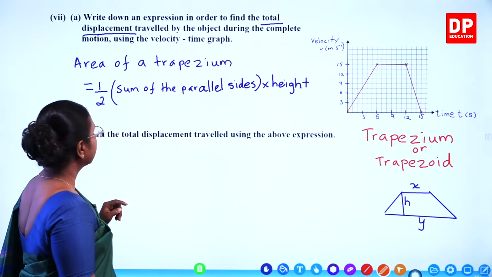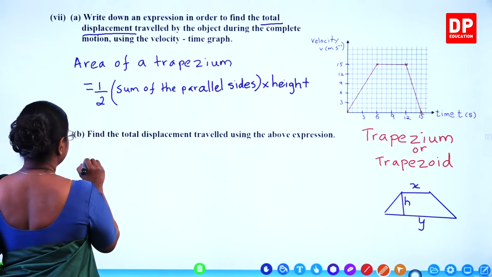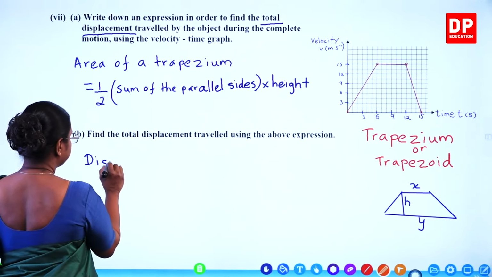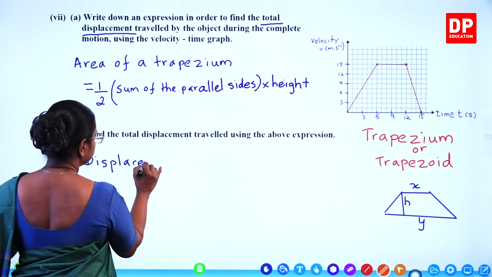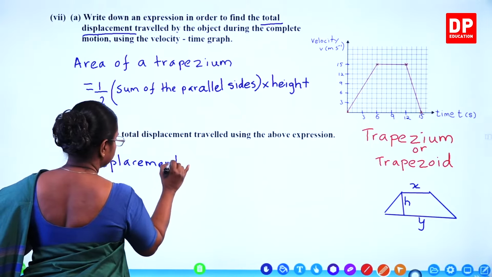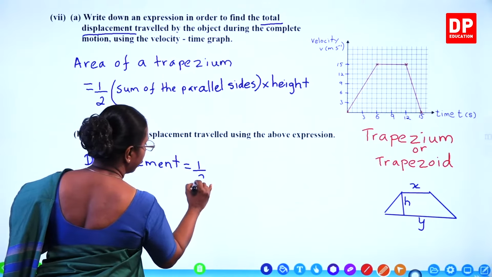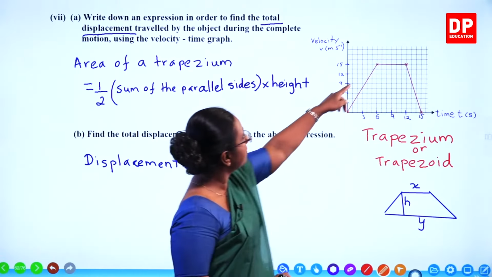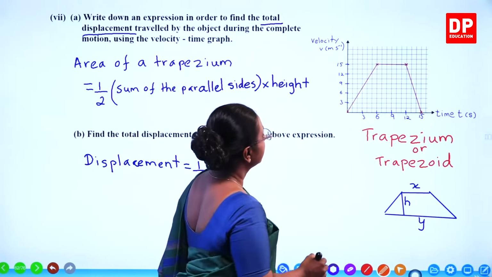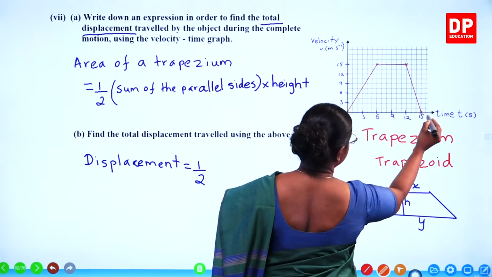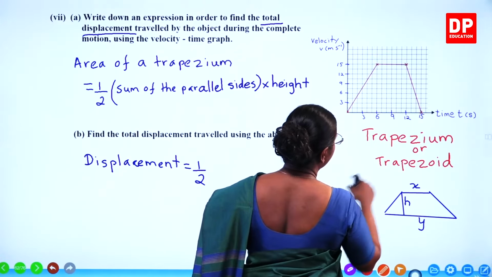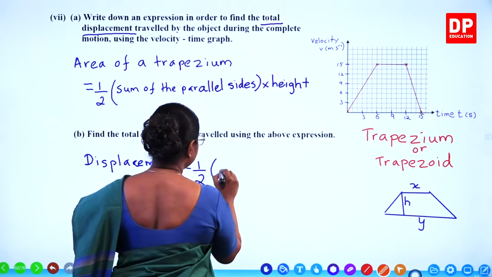So, if we do the calculation here, the displacement will be equal to half, and the sum of the two parallel sides. You can see here the longer side that has been denoted as y is 15.